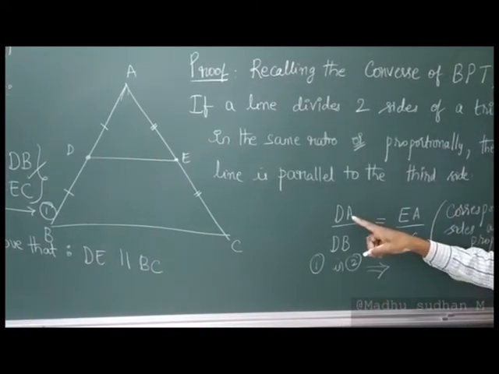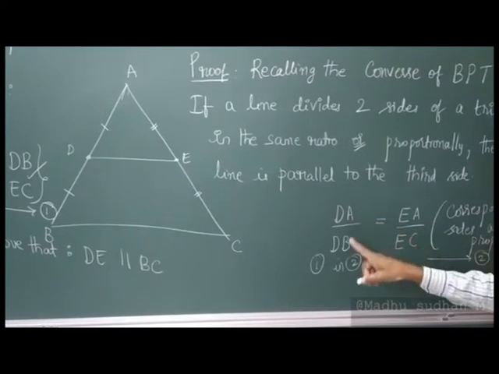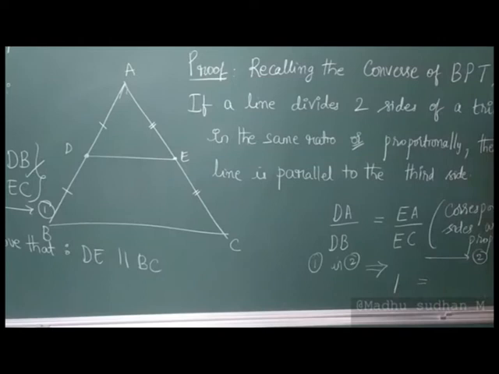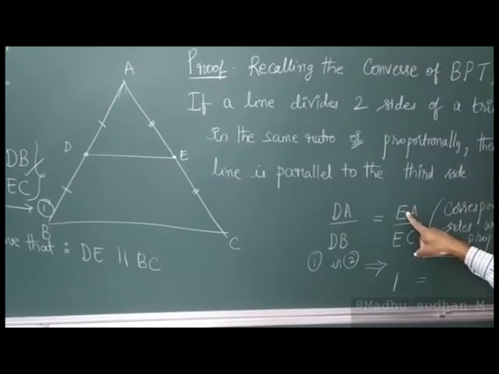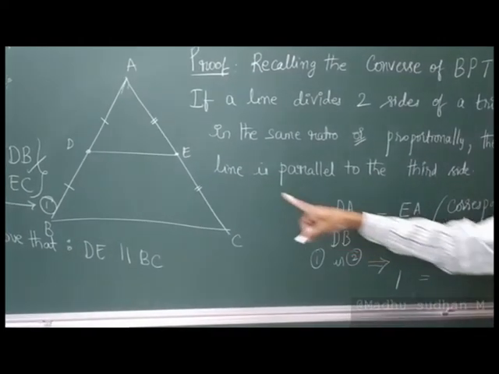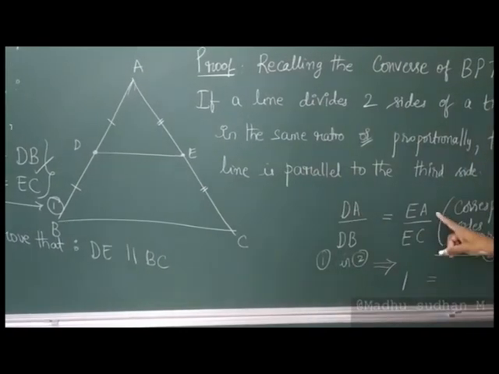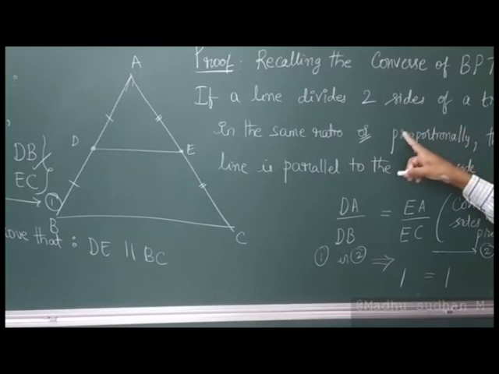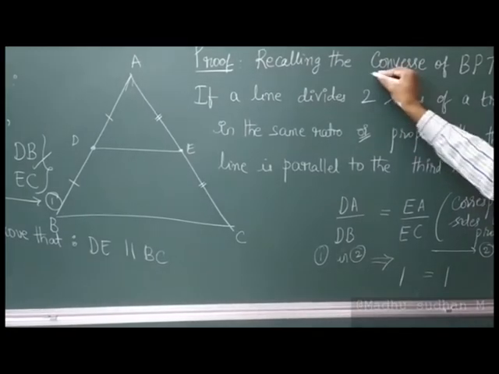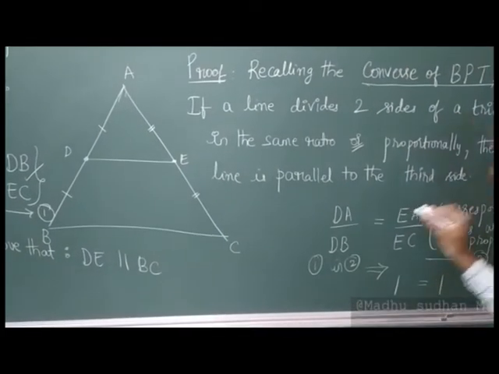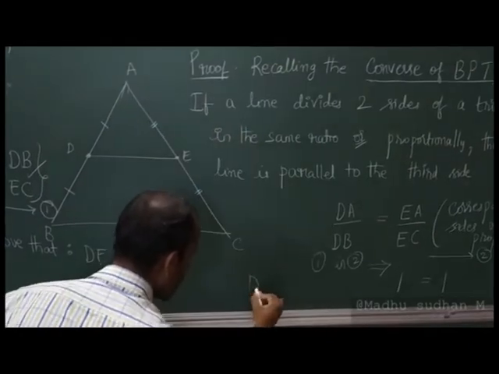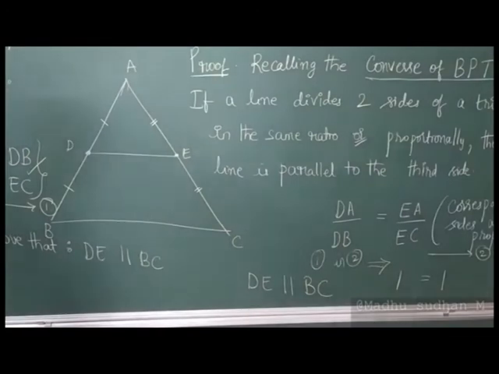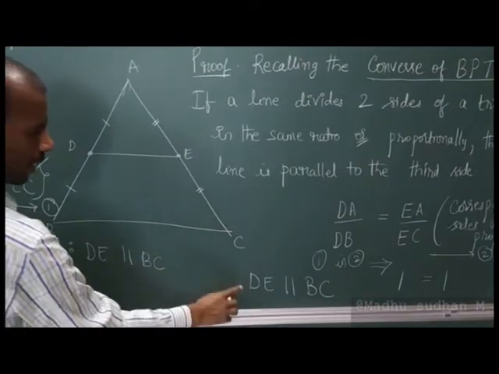Whenever I replace this DA by DB here, DB and DB get cancelled, I shall get 1 here. If I replace EA by EC as given in equation 1, here also I can cancel that and it just becomes 1. So according to the converse of BPT, we can say that DE is parallel to BC.